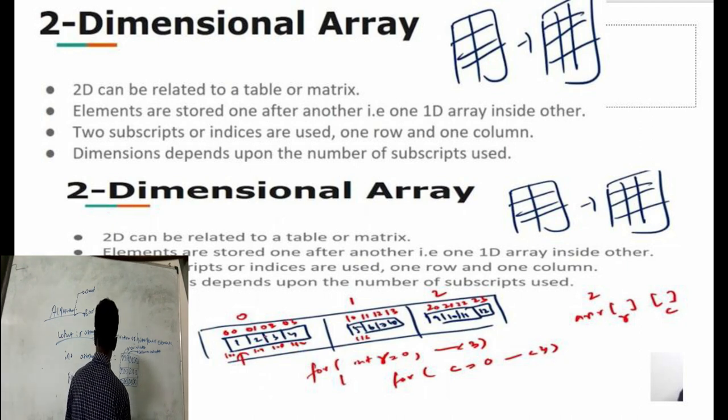I think it is better to say, rather than array length, i less than 3; semicolon, i plus plus. Here j less than 2; semicolon, j plus plus.